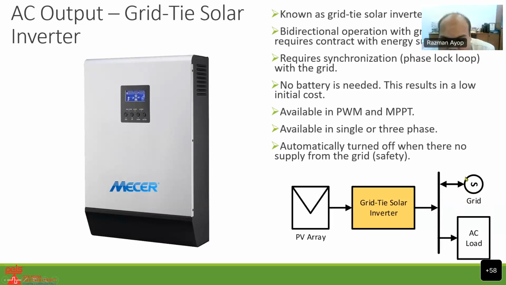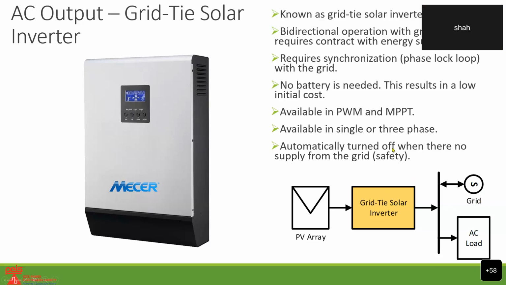It will follow the grid. The voltage produced by the grid-tie solar inverter always follows the grid: the voltage, the frequency, the phase. So if the grid is under voltage, the inverter also follows the under voltage. Yes, correct. All right, thank you.